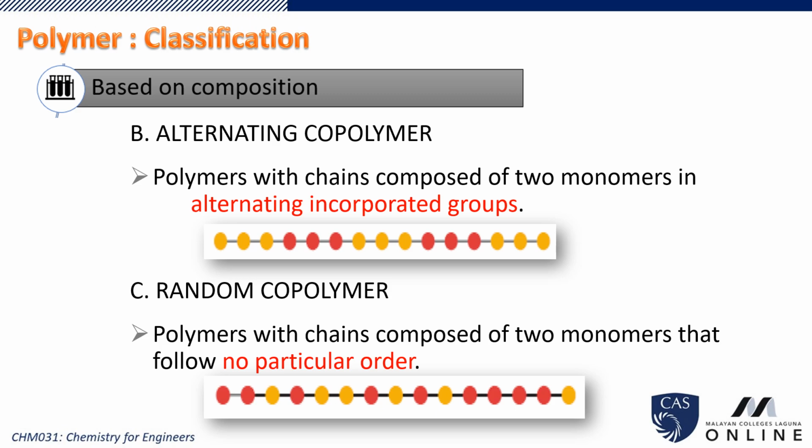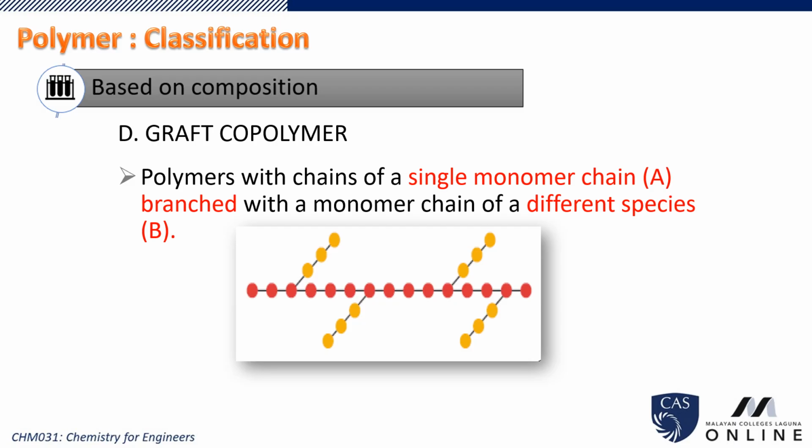Alternating copolymers have a regular pattern of monomers, while random copolymers have no fixed order. The last type of copolymer are graft copolymers. In graft copolymers, one polymer chain is branched onto another of a different type. And this creates hybrid properties.